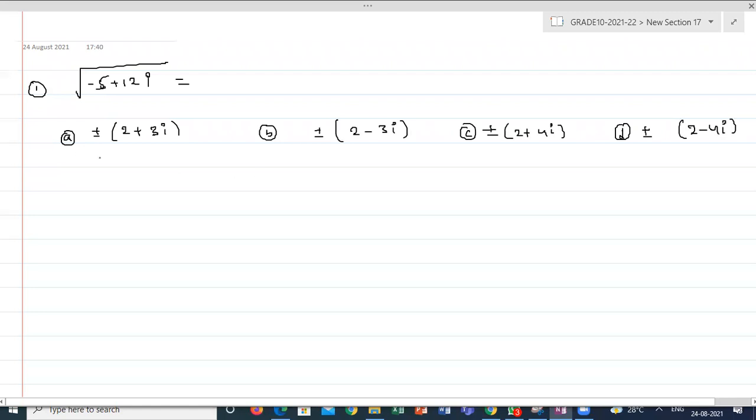Take any one option and square it. Squaring of the options will give the answer.